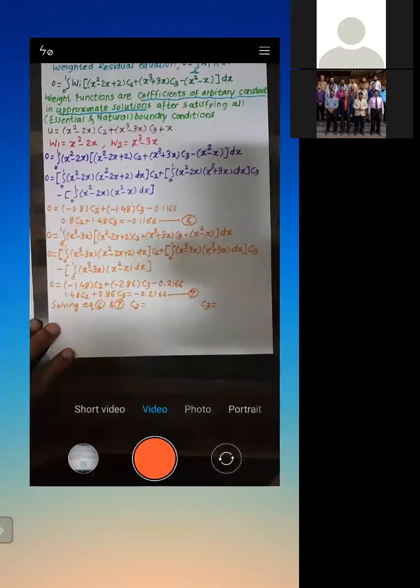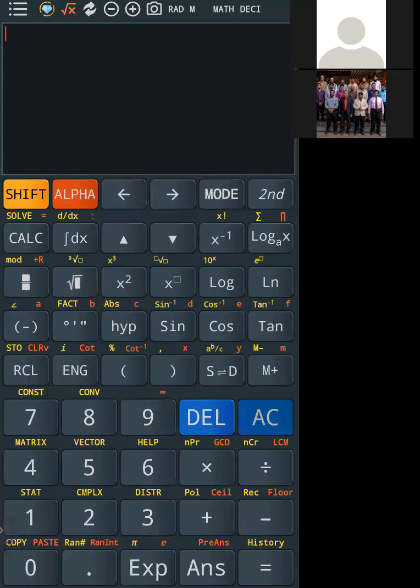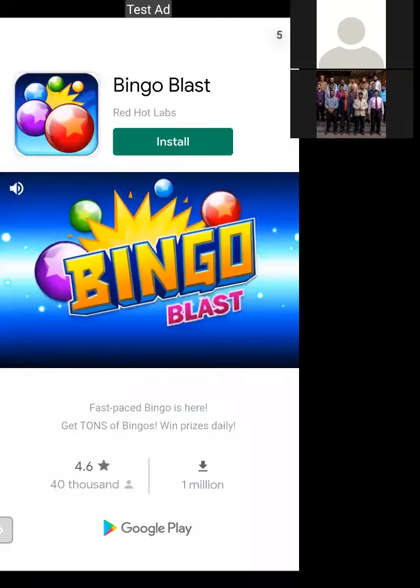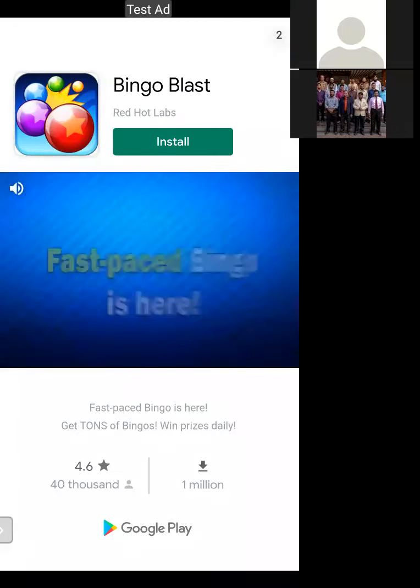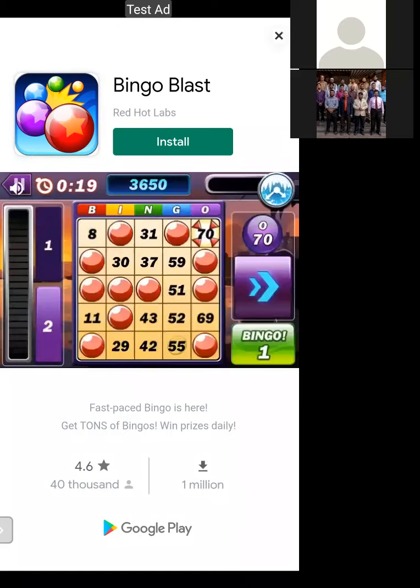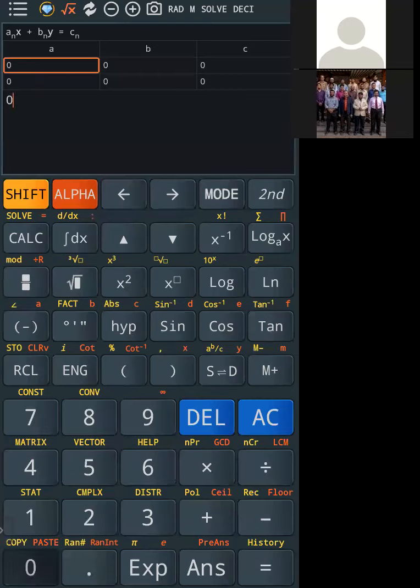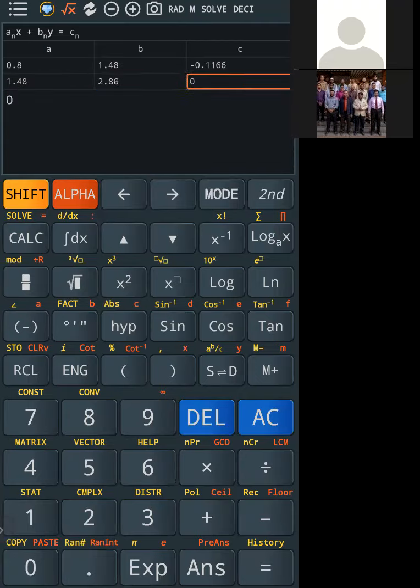I'll clear this and go to mode, then to solve system of equations with 2 unknowns, and put in each and every value: 0.8, then 1.48, then minus 0.1166, then 1.48, then 2.86, minus 0.2166.